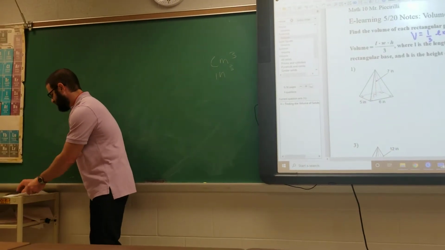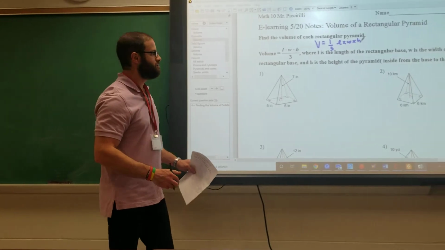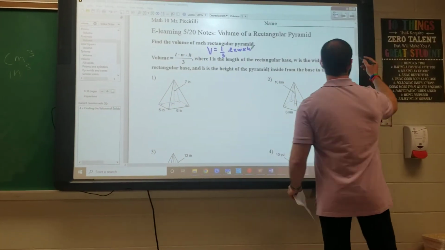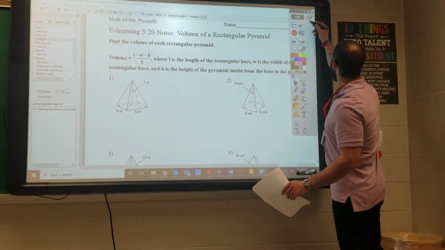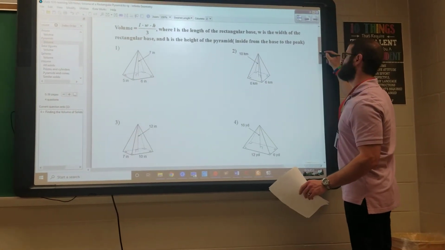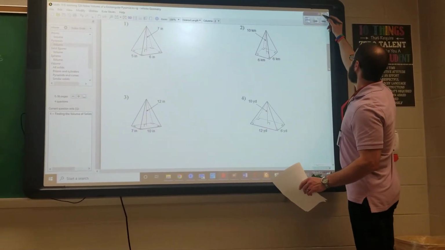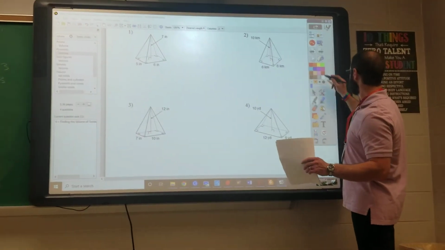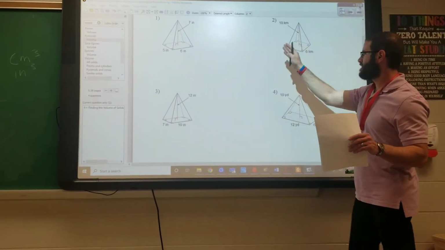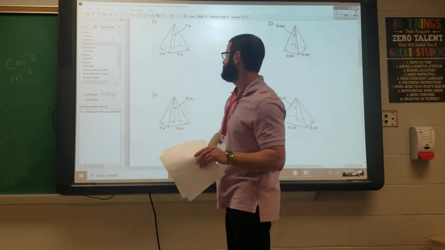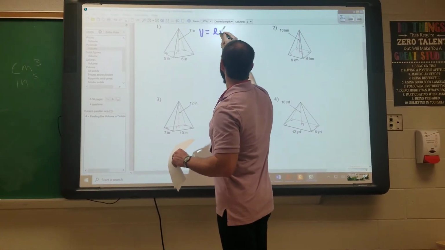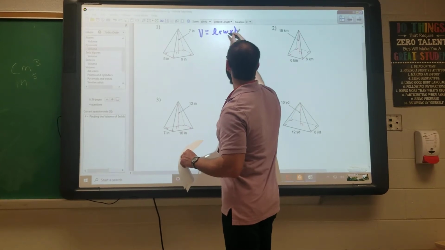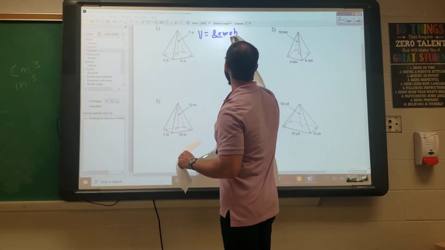So let's take a look at calculating volume of a rectangular pyramid. Number 1. We have to make sure we follow our order of operations here, which means we're going to multiply everything on top first, then divide by 3. So start with our formula: length times width times height, divide by 3.